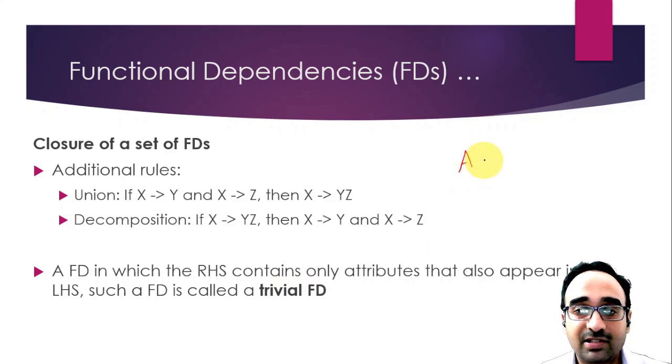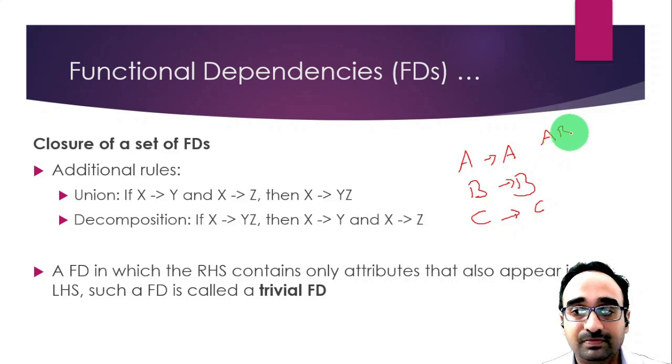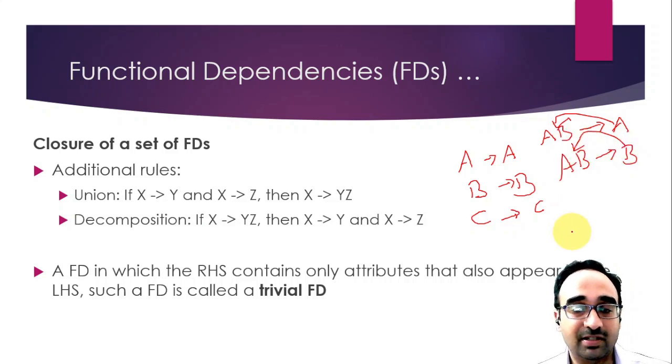These are trivial FDs: A to A, B to B, C to C. These are trivial FDs because the RHS things are available on the LHS. Both are the same, right? And you can have trivial FDs like this also: A, B to A, A, B to B. These are also trivial FDs because the RHS is a part of the LHS.